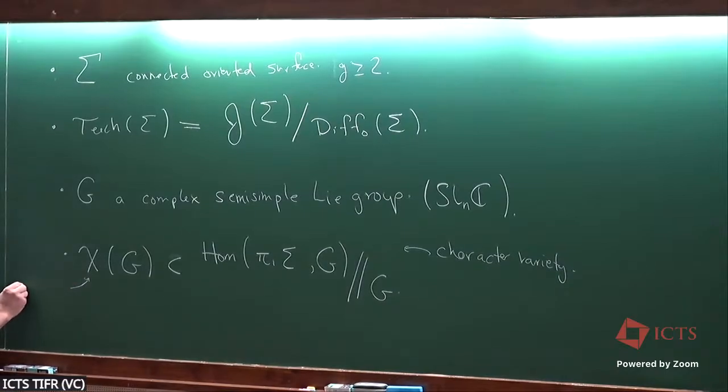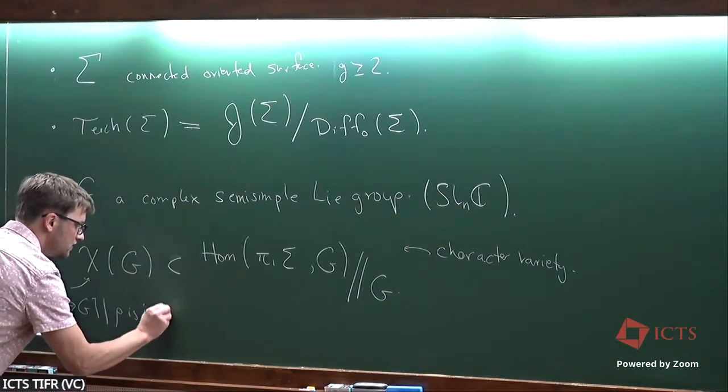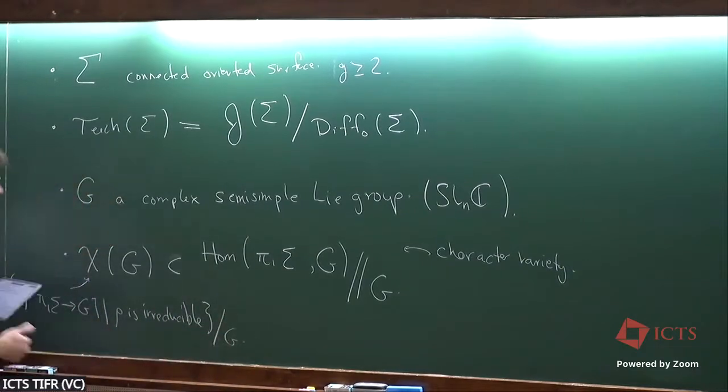This is the set of equivalence classes of representations of the fundamental group such that rho is irreducible up to conjugation. By irreducible, if you think about SL(N, C), it means no invariant subspaces, or in general, it means that the representation doesn't factor through a proper parabolic.